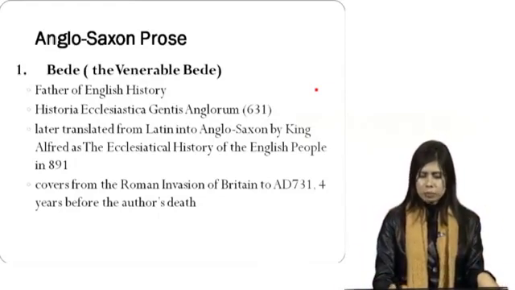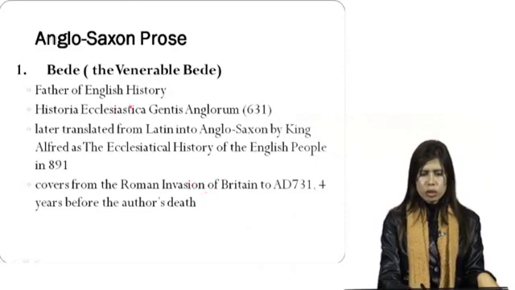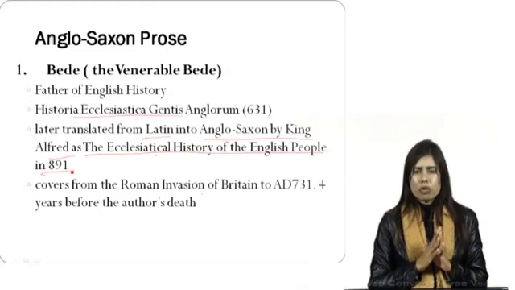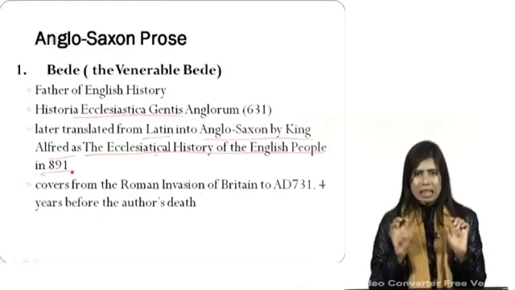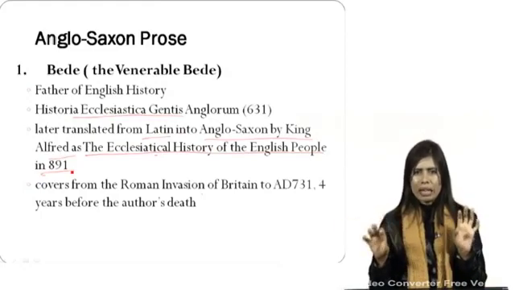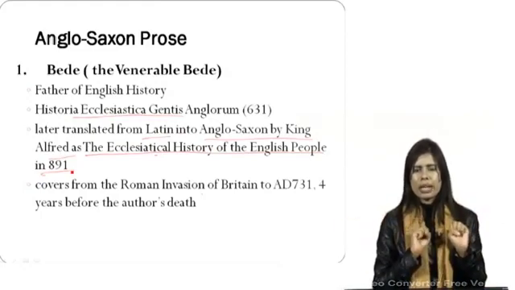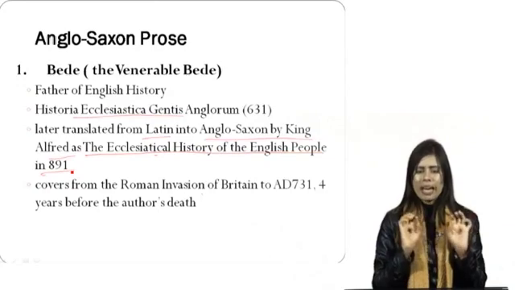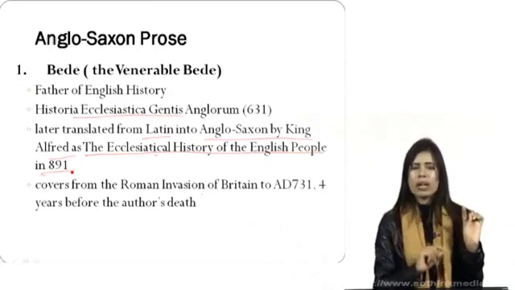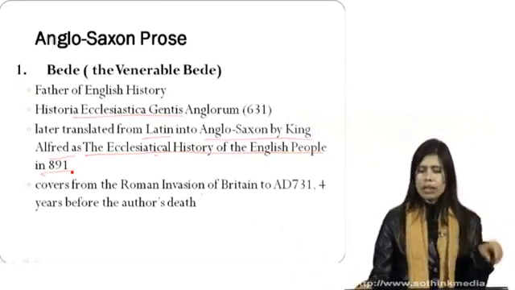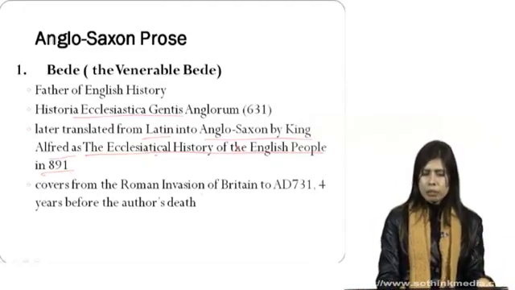Basically this book was in Latin, and King Alfred translated this work into English. The name of the book is the Ecclesiastical History of the English People, and he translated this work in 891. So my dear students, here you can see that Bede is the father of English history as well.